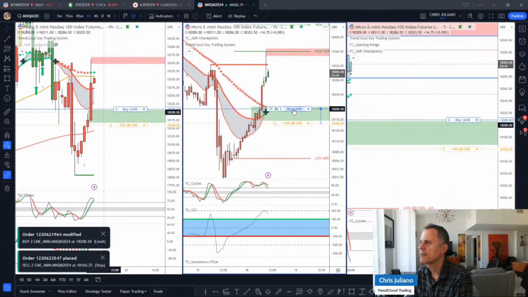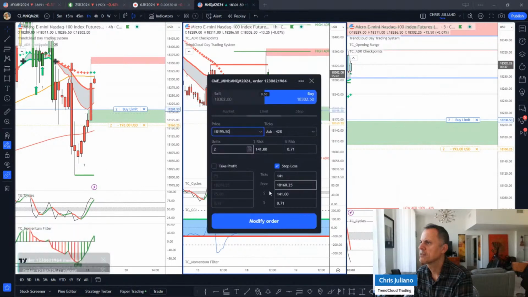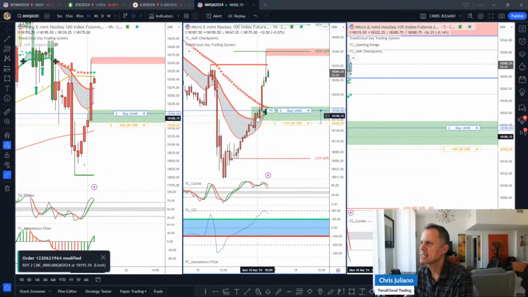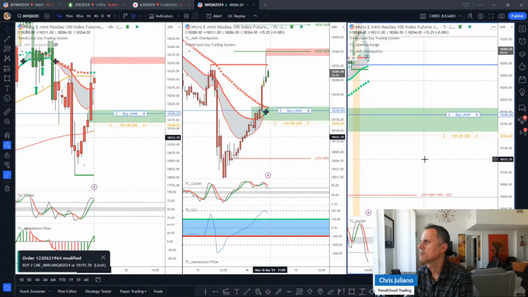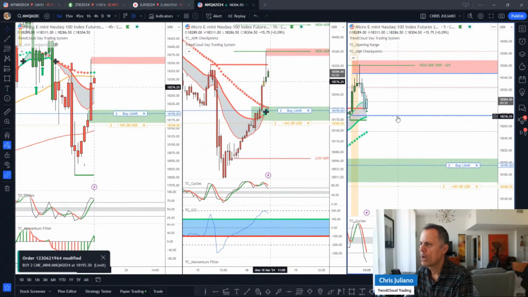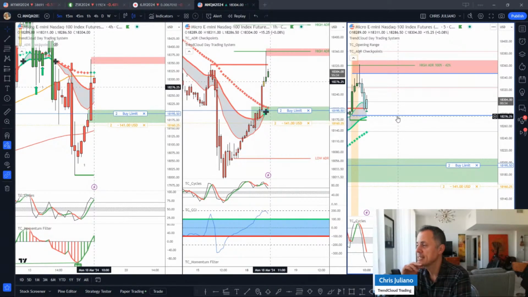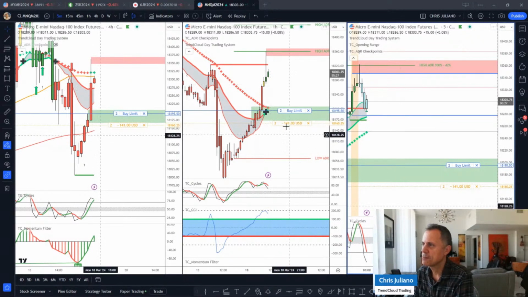Can even pull this right to the top of that basing candle there. There you go. When will that take place? I don't know. That's probably going to take place later tonight. So I'd be looking for a retest of this demand zone here.